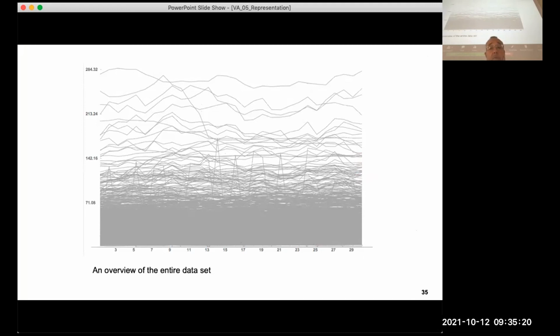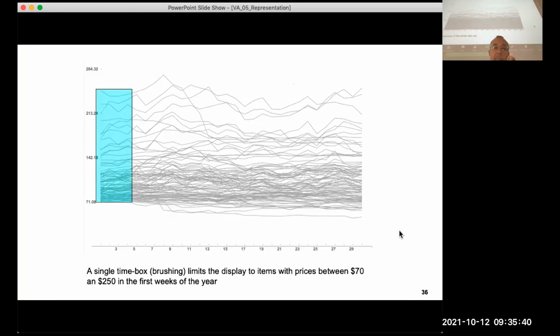This is a typical situation in InfoVis. You get an overview, but you cannot distinguish the details. One possibility is to apply some sampling, use some colors, or for instance, to filter the data.